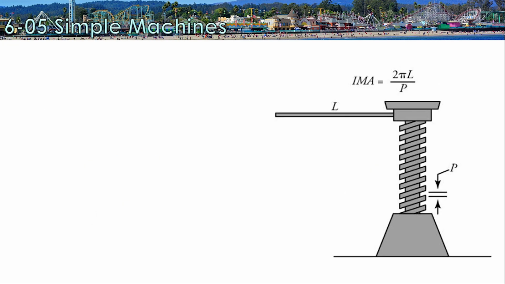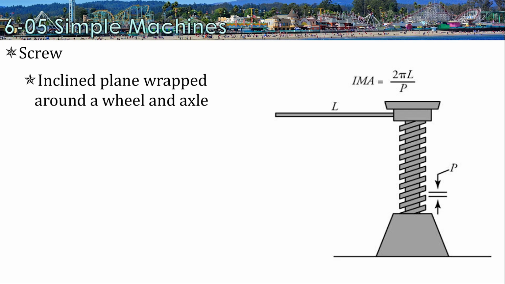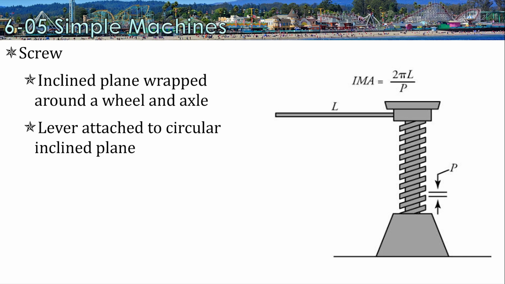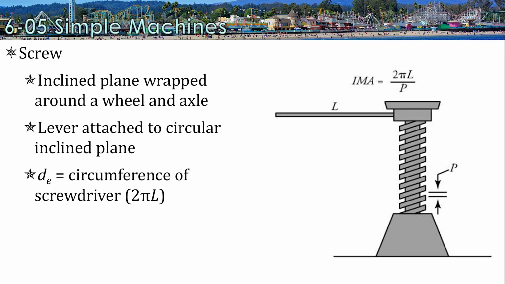The fifth simple machine is the screw, which is really an inclined plane wrapped around a wheel and axle. So it's really a combination of two of the other simple machines. We have a lever attached to a circular inclined plane, is what it comes down to.